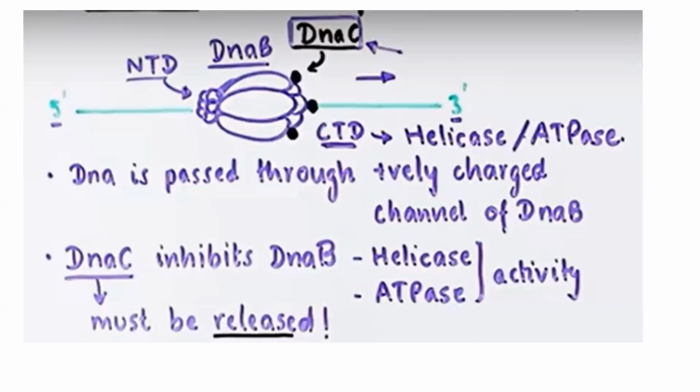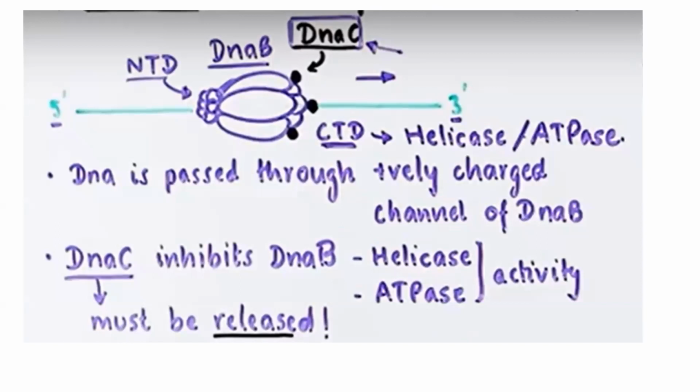So far, we have discussed DNA-C and DNA-B organized on the origin, where DNA passed through the positively charged channel of the helicase. In recap, as we know, the helicase moves in the 5' to 3' direction and its helicase activity comes from the C-terminal domain.